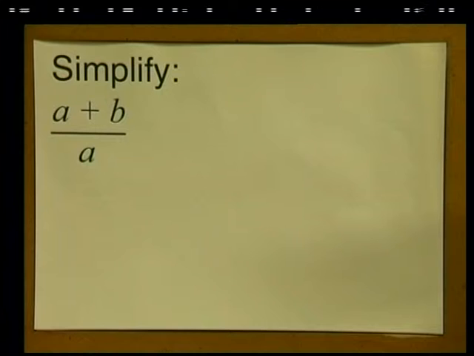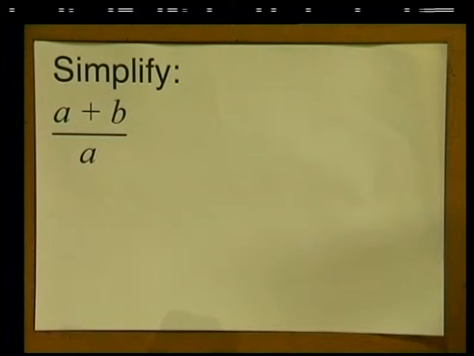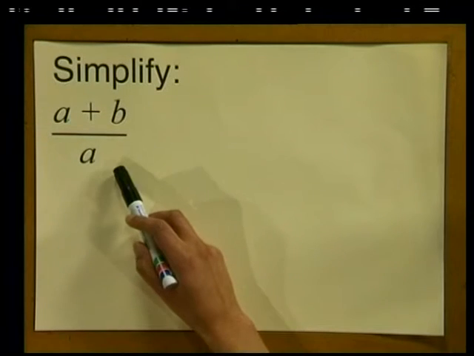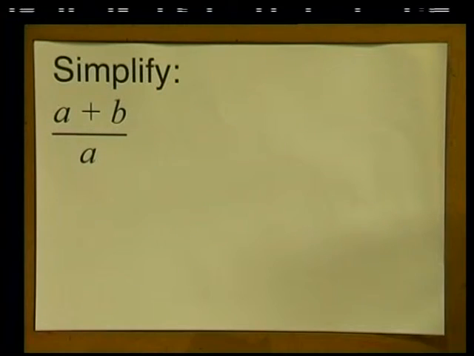Are you ready now for number 2? Simplify A plus B divided by A. Now, be careful here. Let's take a look at the answer. The answer is A plus B divided by A. This cannot be simplified. Why can we not simplify this fraction?